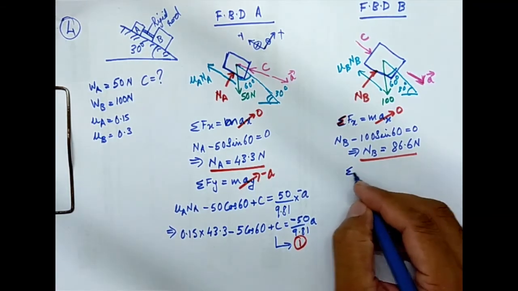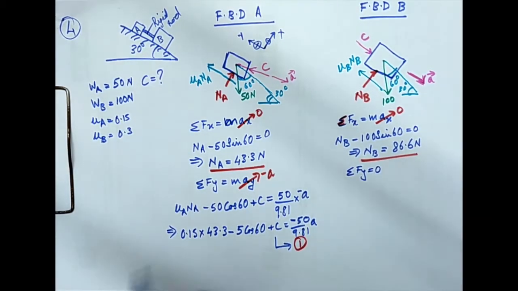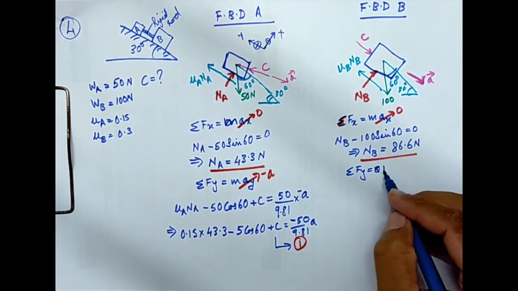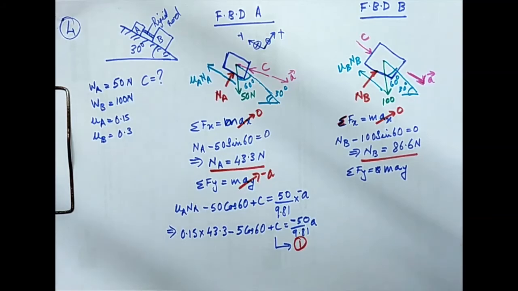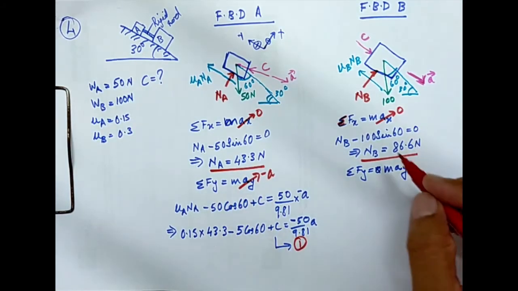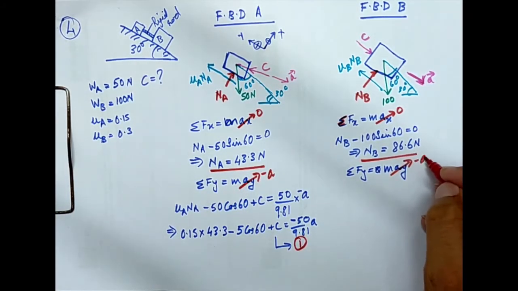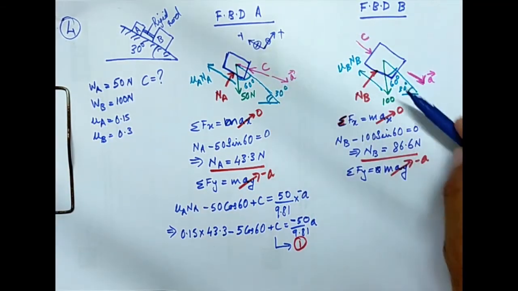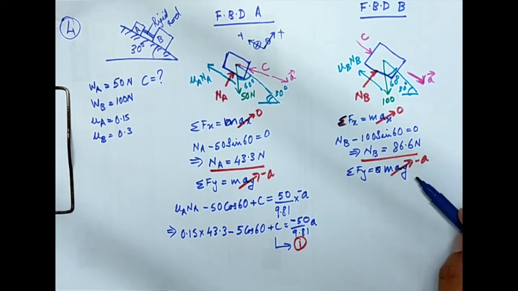Now we are going to write sigma fy equal to 0, not 0, sorry, m times a_y. As we have seen before, a_y is going to be minus a, because y, I assume this as positive, and a is in the opposite direction, so it is minus a.